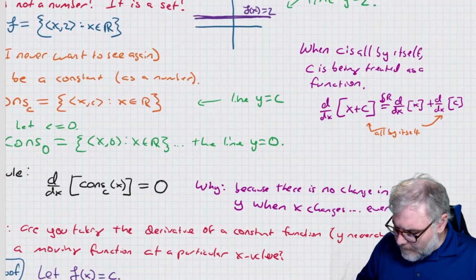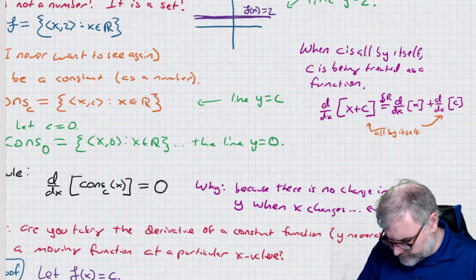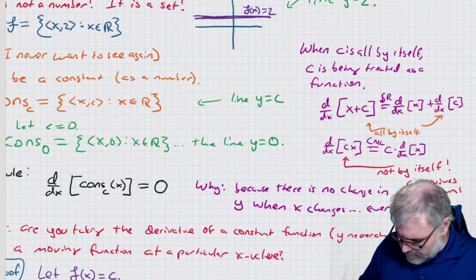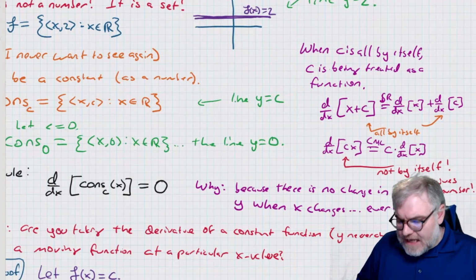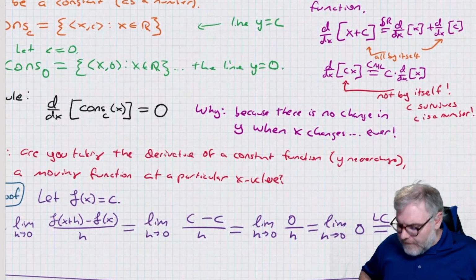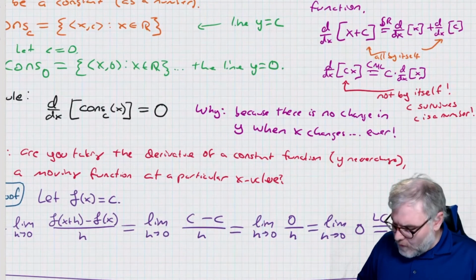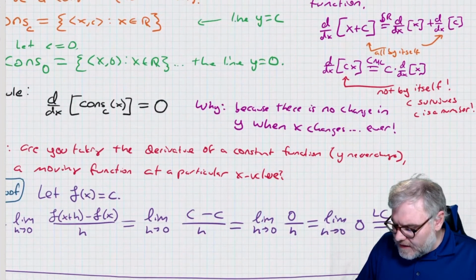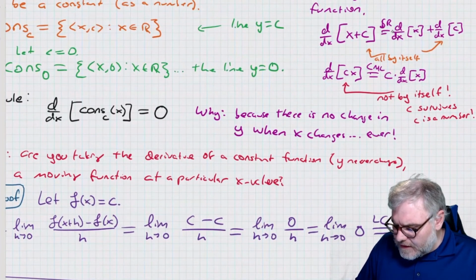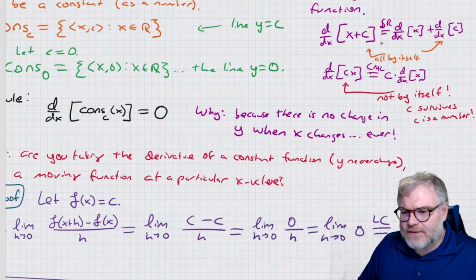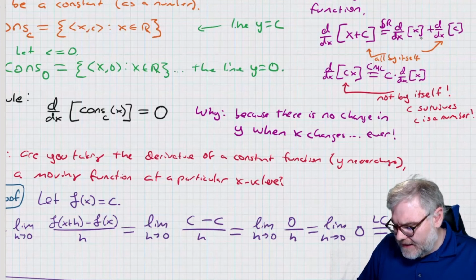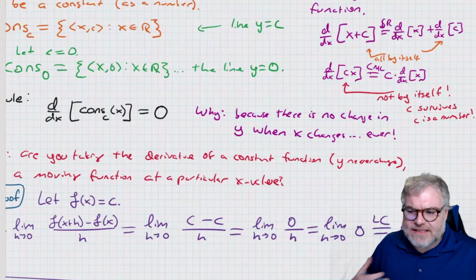Okay? But compare that to the following. If it's not all by itself, it survives. Right here, it's mated with x through multiplication. The sum rule here can't deal with x. You know, the sum rule here doesn't carry the c.